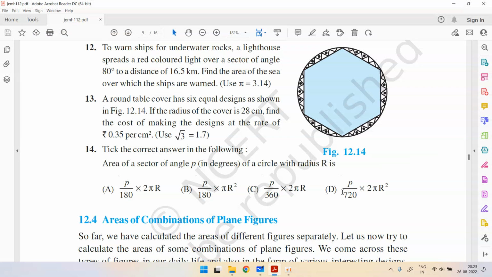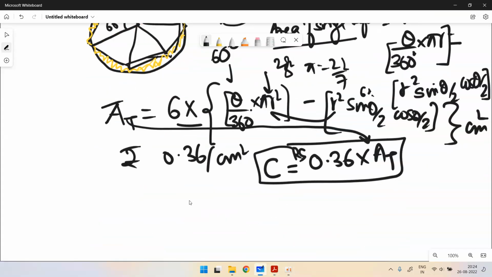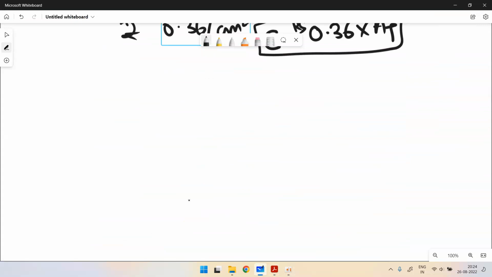Now the 14th, this is the last question. Tick the correct answer in the following. The area of a sector of angle P in degrees of a circle with radius R is given by, see, in place of theta, it has given P. So you know the formula is theta by 360 into pi r square.